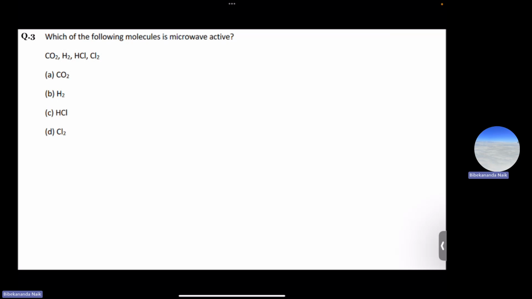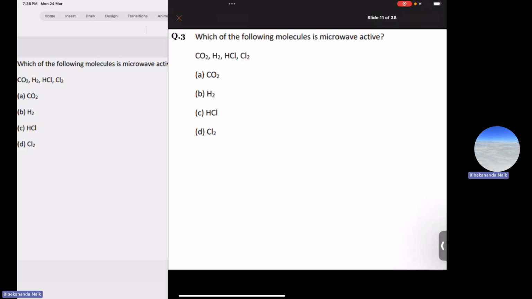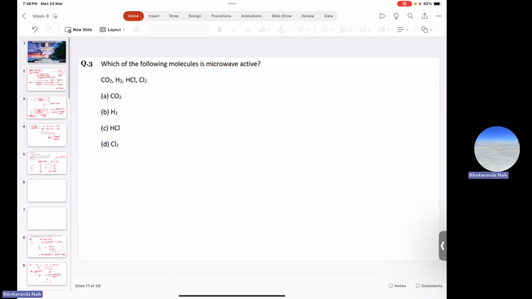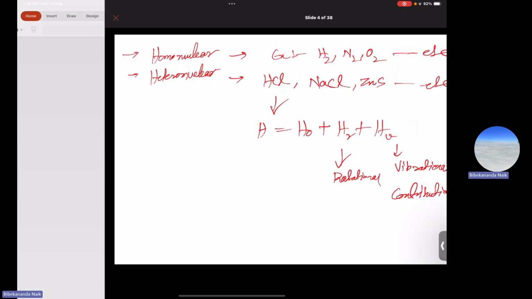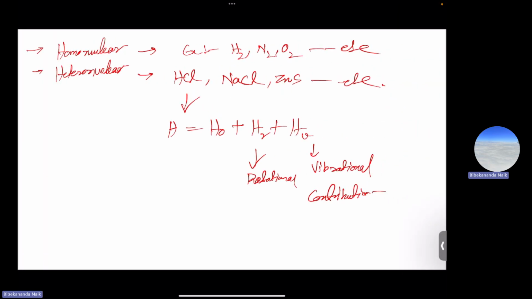So if we discuss the microwave active molecule, at the beginning of today's discussion we were discussing the types of molecules. The two types were homonuclear molecules and heteronuclear molecules, and the definition was that those molecules which don't have any permanent dipole moment are homonuclear, and they don't show any rotational and vibrational spectra.